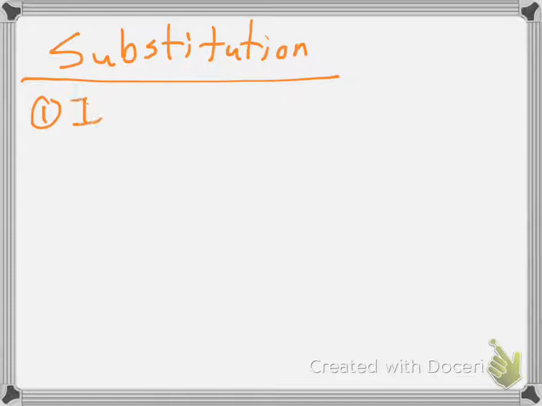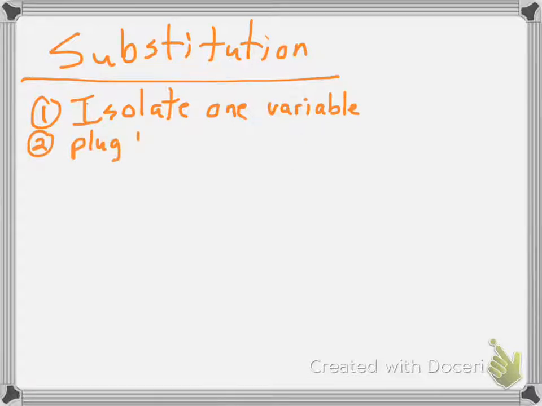Steps for substitution. First, you have to isolate a variable. Just any one variable, doesn't matter. The top x, the bottom y, the top y, bottom x, doesn't matter. Get one variable by itself. Then you plug the value of that variable into the other equation where that variable is.